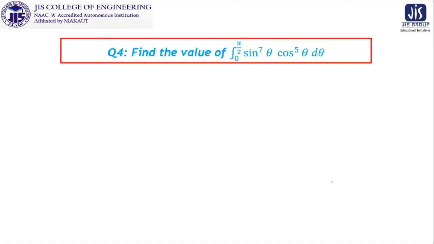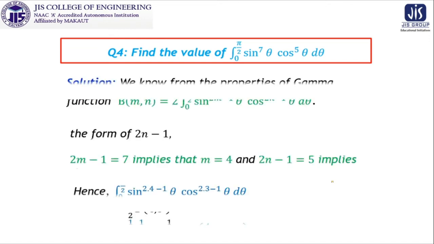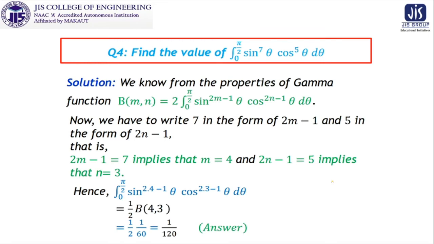So this problem is almost identical to the last problem we discussed, where only the cosine power was there and sine had power 0, but here both of them have non-zero power. So the solution process will be exactly the same, only the answers will be different.